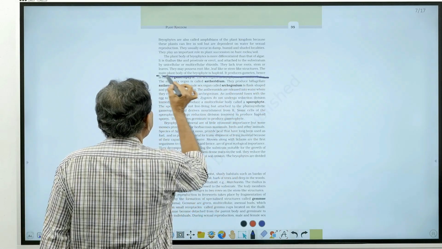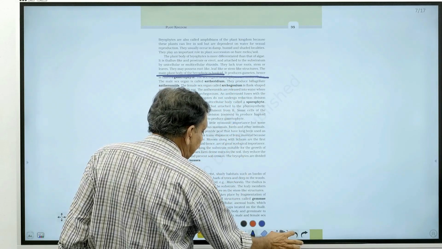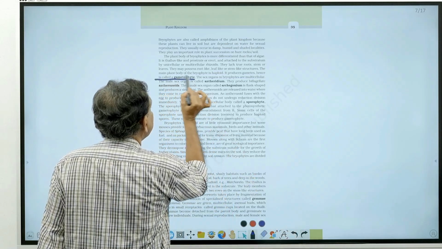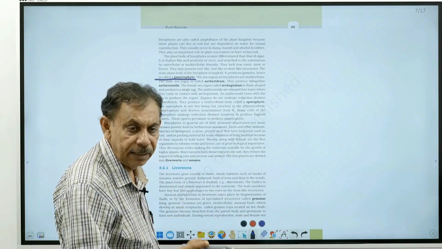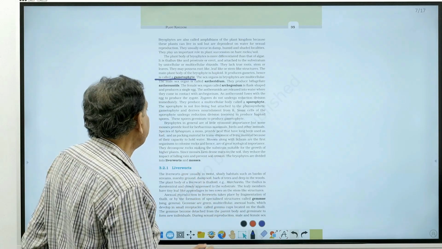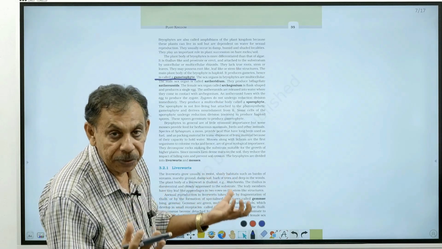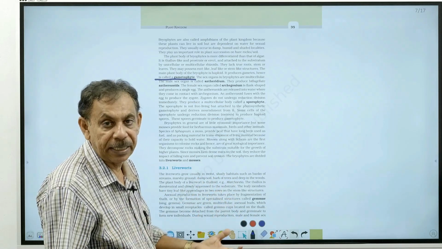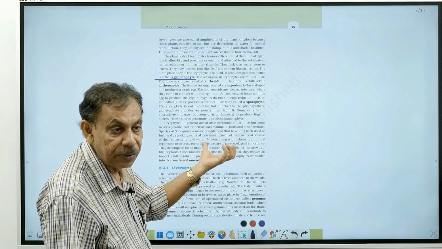This main haploid plant body is also called gametophyte. The main plant body of bryophytes, like algae, is also haploid and gametophyte. Gametophyte means gamete producing plant. Sporophyte means spore producing plant. The bryophyte main plant body is the gametophyte, bearing gamete producing structures.